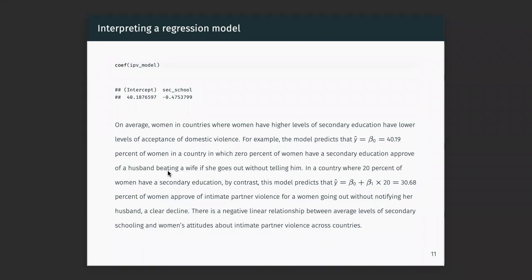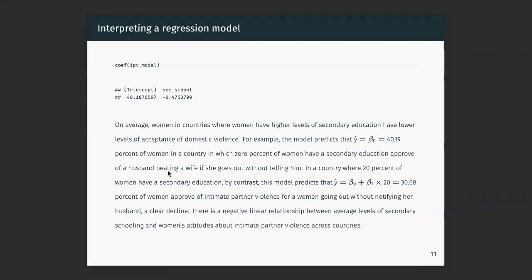So when schooling goes up, toleration for intimate partner violence goes down, and it goes down pretty dramatically, right? 10 points when the maximum is 40, the highest value we expect to see when secondary schooling is 0. A 10-point decrease is 25% of the range of the possible data, because it can only go between 40 and 0. So I would interpret that as a relatively large relationship.